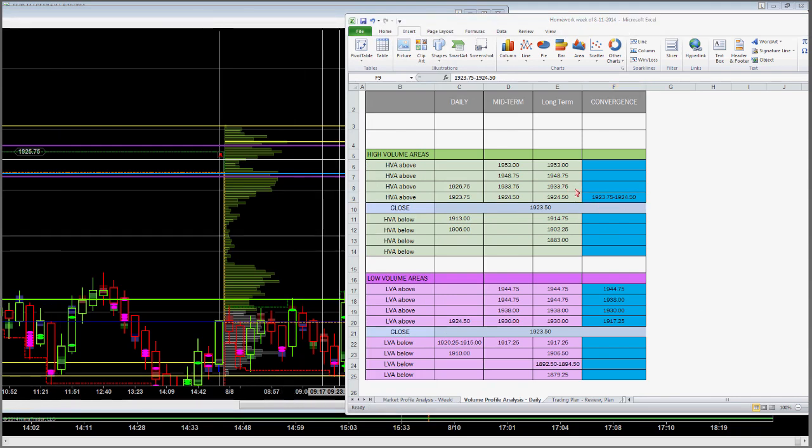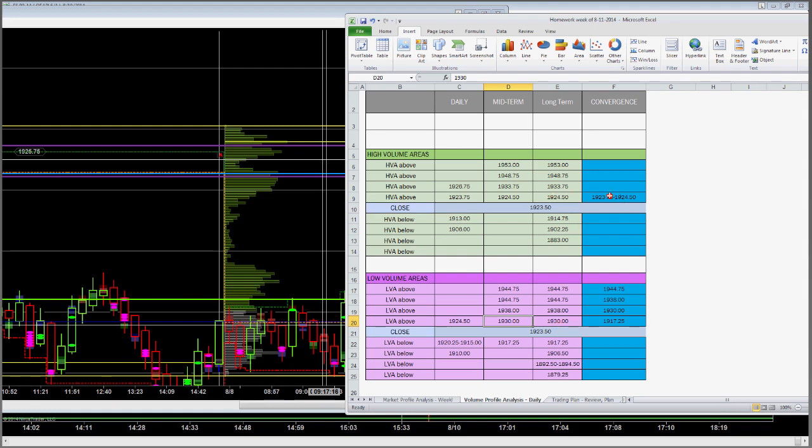If I get volume higher and acceptance, what I want to know is where price is most likely to go. To get that, I'm going to go back to my longer term volume profile and identify where my high volume areas or low volume areas are. So above this level, I'm going to start looking at this 30, looking for price to go up to 30.